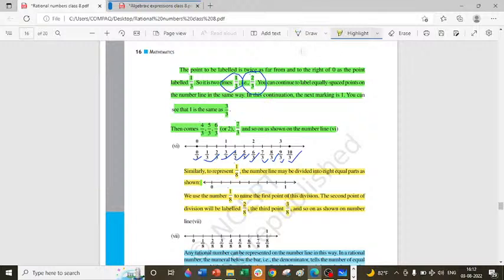Let me draw. Similarly, to represent 1/8, the number line may be divided into 8 equal parts. So here you can see, as you can see, the number line is divided into 8 equal parts, and the very first rational number that comes over here would be 1/8, and then followed by 2/8.